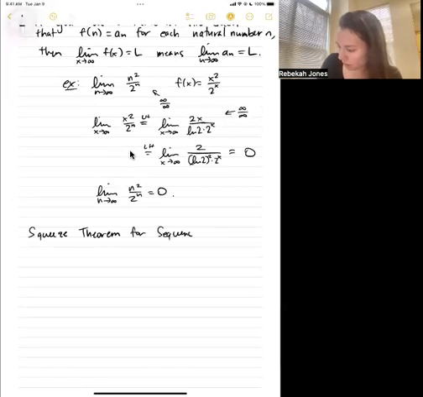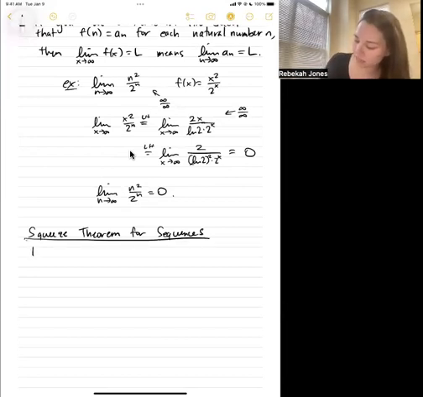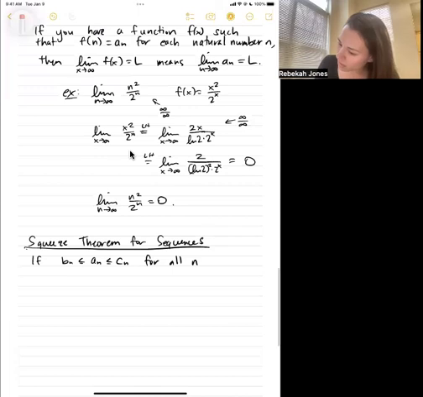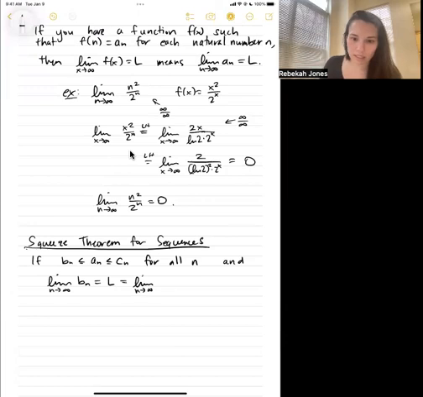So we have a squeeze theorem for sequences. What this says is that if I have a sequence a sub n that is bounded between two sequences b sub n and c sub n for all n, then, oh, and the other important part is that these two sequences converge to some limit L, and they both converge to the same limit.